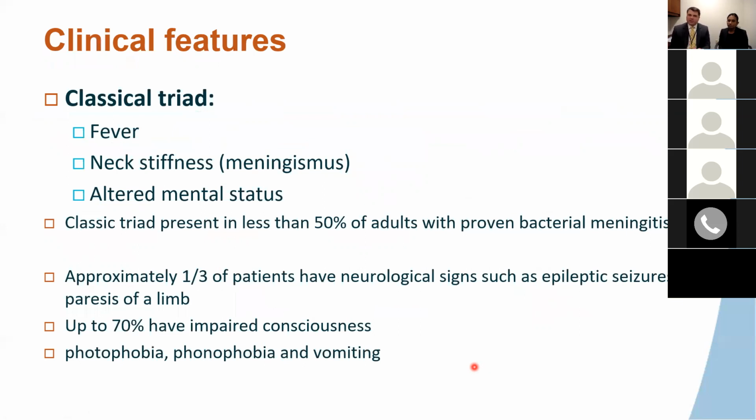So if a patient presents and says they have a bad headache, a bad fever, and you have them move their neck back and forth, you say, can you touch your chin to your shoulder? And if they say that hurts, or they refuse to do it because it causes too much pain, that would be a positive sign. But anyone that comes in with fever and a headache, you want to have a high suspicion for meningitis.